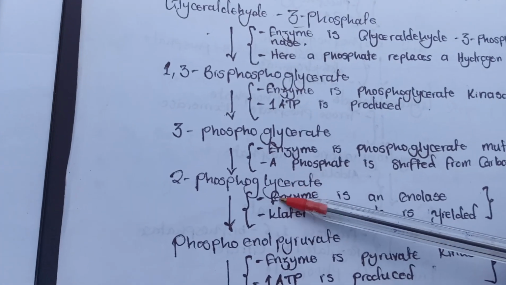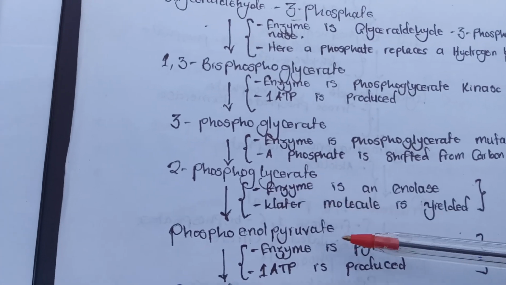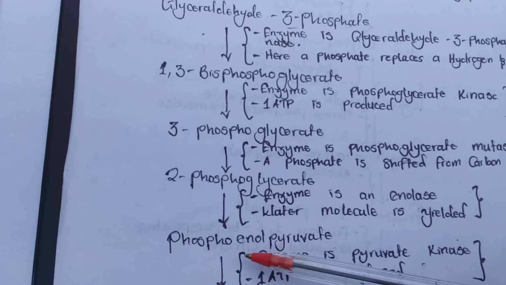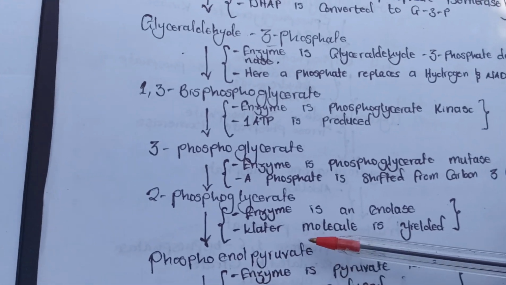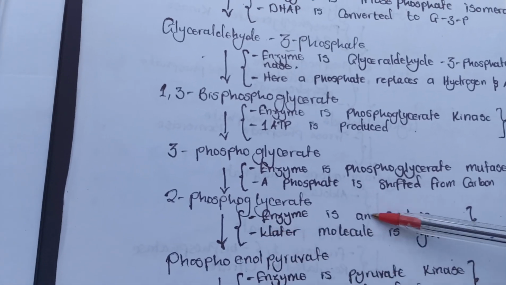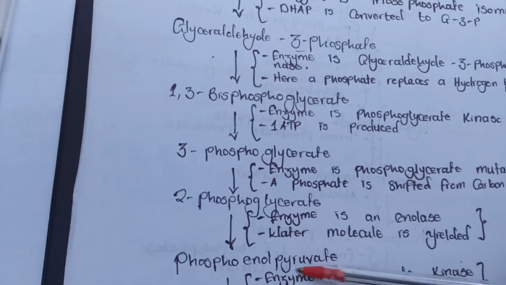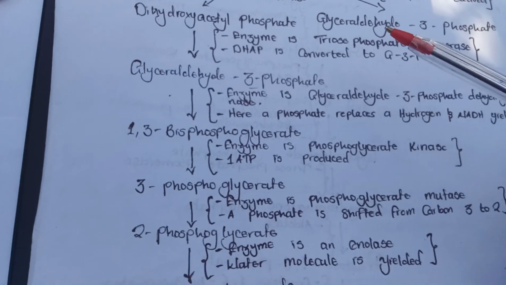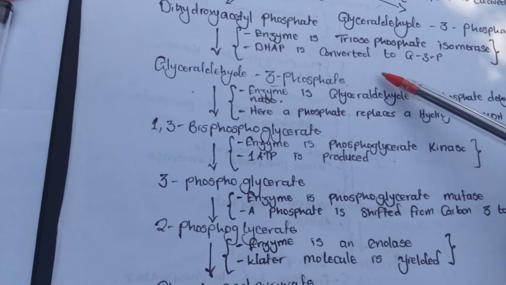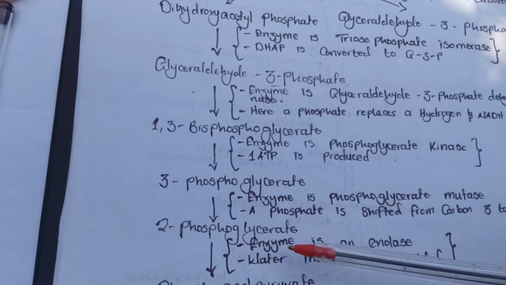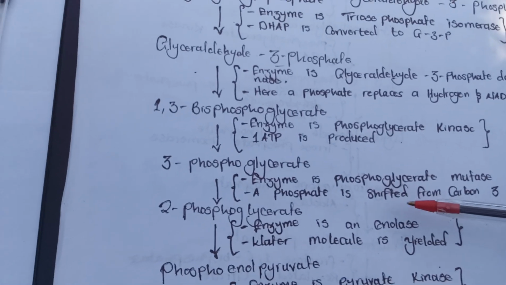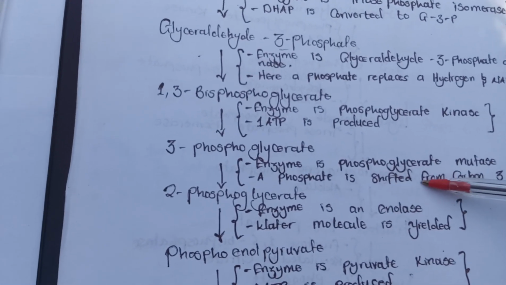Then the next step involves 2-phosphoglycerate being converted into PEP, or phosphoenolpyruvate. The enzyme involved here is simply enolase, and what happens is that we are removing a water molecule. Remember, since there are a series of two steps occurring, two water molecules are actually removed.